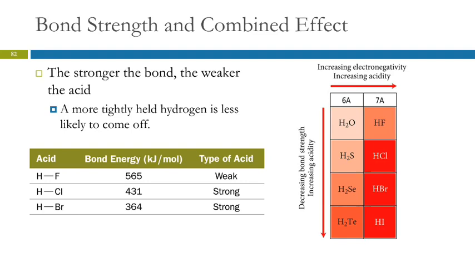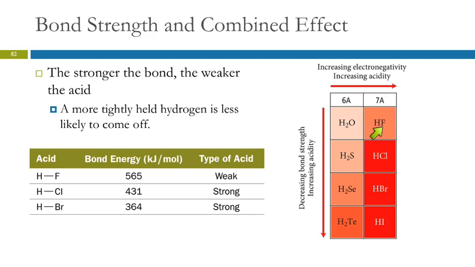It has to do with the strength of the bond. The stronger the bond between the hydrogen and whatever it's bonded to, the weaker the acid. So with hydrogen fluoride, fluorine is very electronegative and it's small, and so it's going to have a strong bond. The bond strength is going to decrease as we go down in the halogen column.